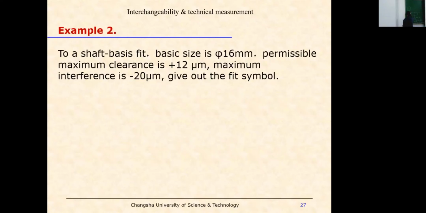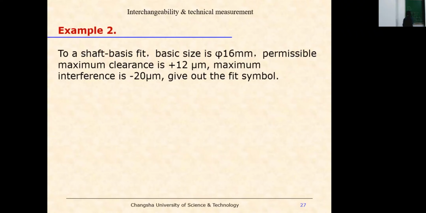So this is the ES, this is the EI. So we can find from the table, we can get the ES. Maybe you can ask why we can get the EI. Because this is transition. Transition means that this one is close to the 0.